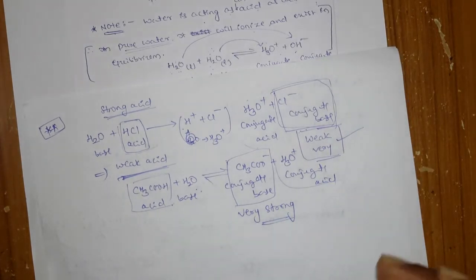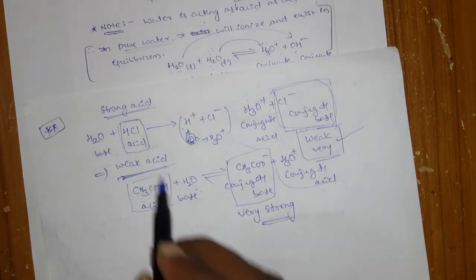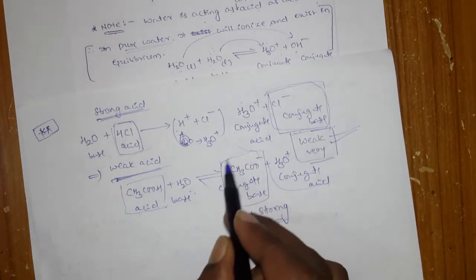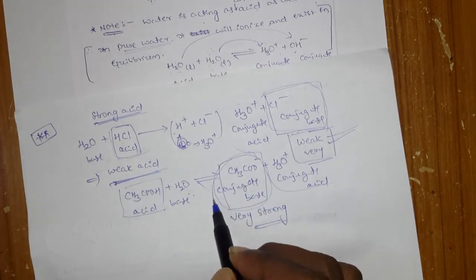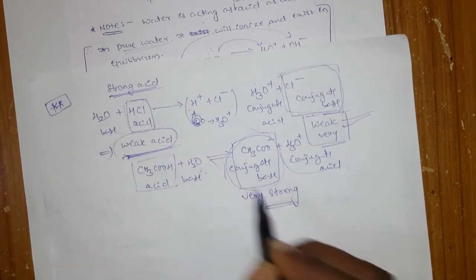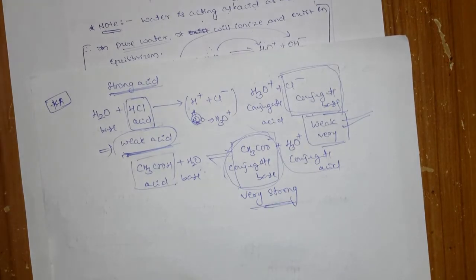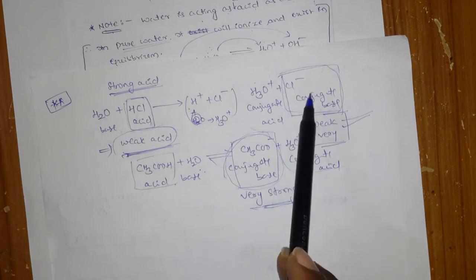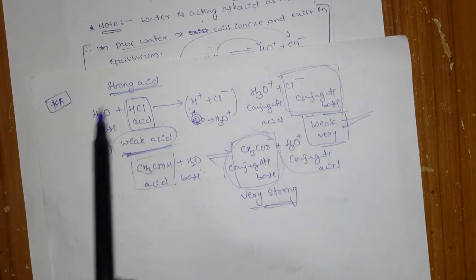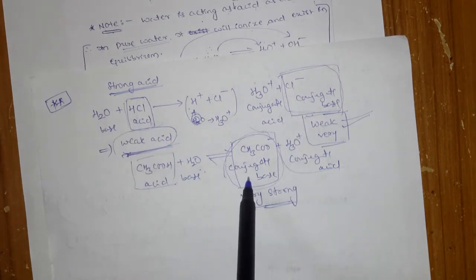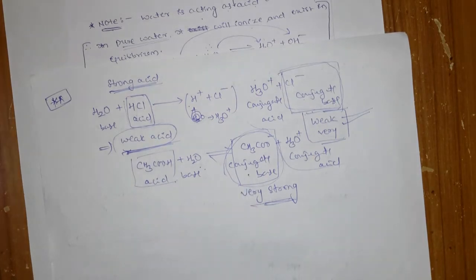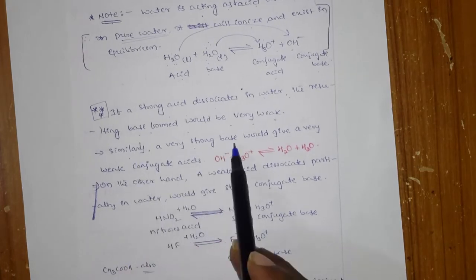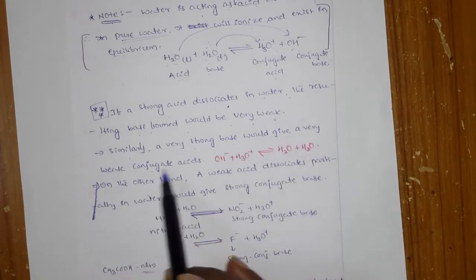Okay, so that means whatever conjugate base comes from a strong acid is a weak base, and whatever conjugate base comes from a weak acid is a strong base. Okay, so very simple. The base coming from a strong acid is a weak base, and the base coming from a weak acid is a strong base. It is a very strong base. Okay, so that is what he is going to say. So similarly, a very strong base would give a very weak conjugate acid.